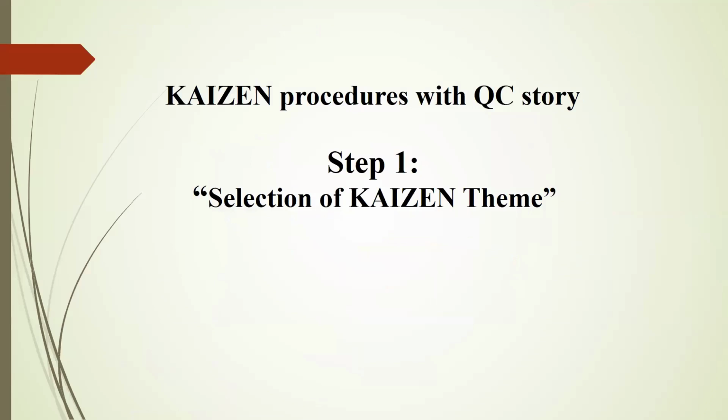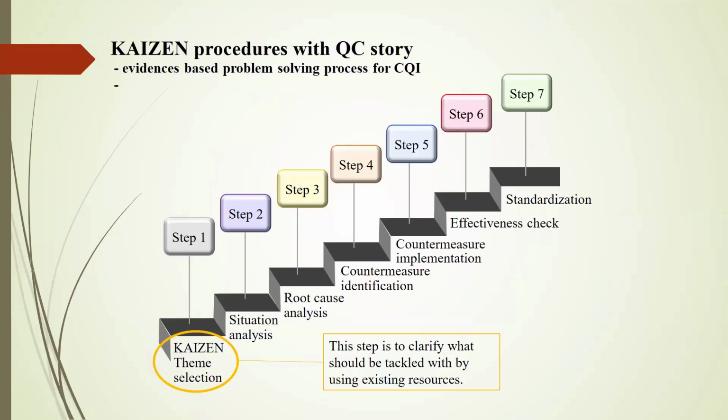So the theme selection itself, as I said earlier, we have 7 steps of Kaizen. That is theme selection, which we are doing today. Then situational analysis, which is step 2. This actually tells us, why are you saying you have an issue? Why are you saying you have a gap? You are saying you have low skill delivery because you are supposed to be at 80 and you are at 20.